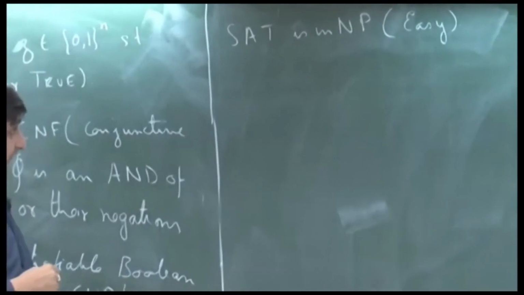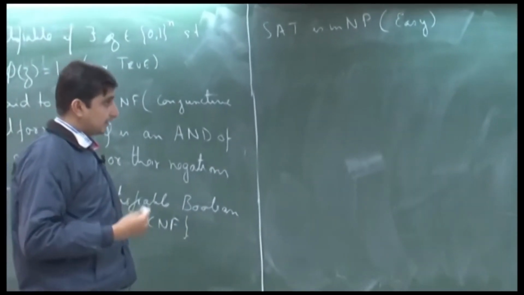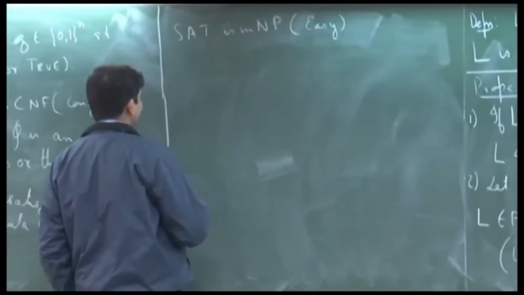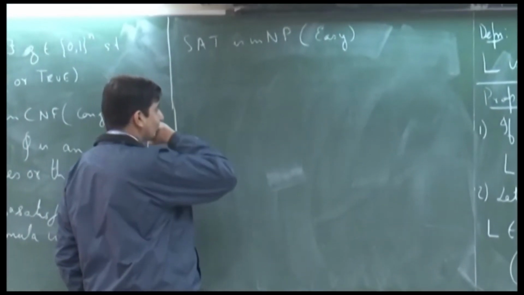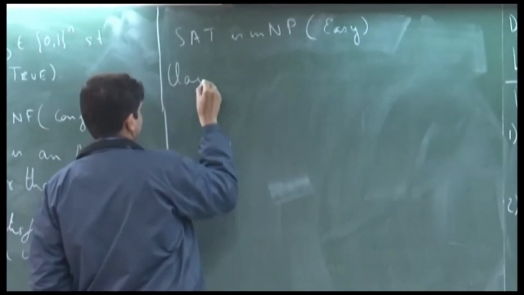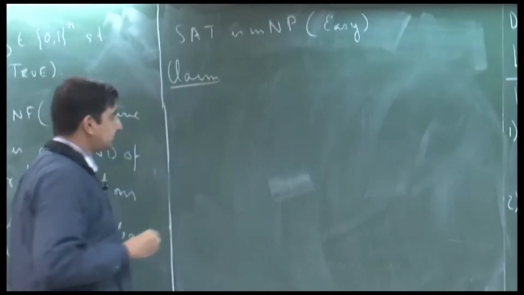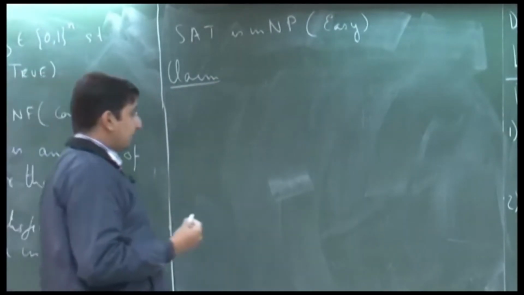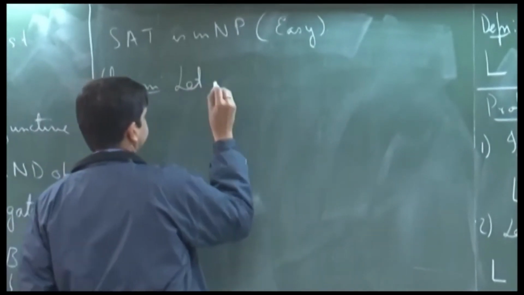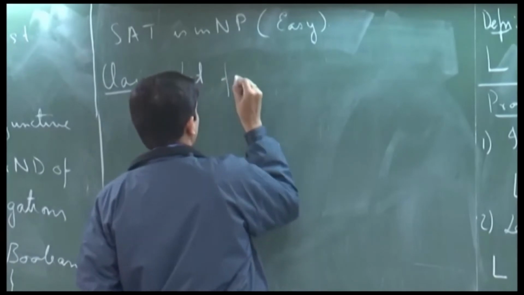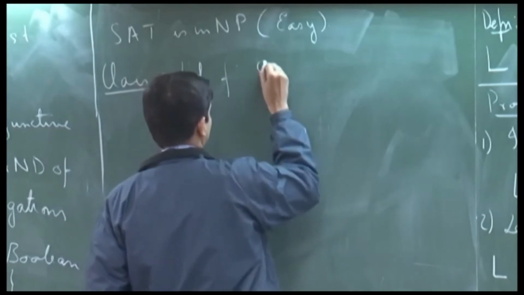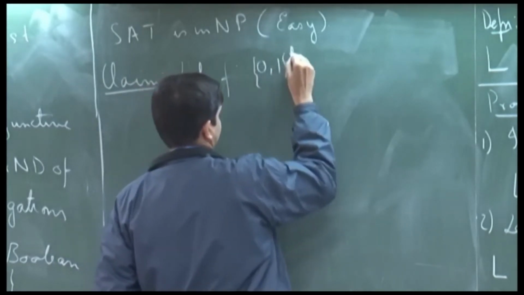The hard part is to show that it is NP hard. Before we go into the actual proof of that result, let me state an easier to prove claim. Let us look at the following claim first. Suppose we have a Boolean formula on L variables. Let f be a Boolean formula on L variables.